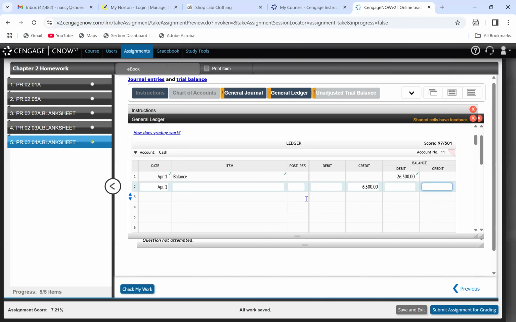I'm going to show my credit for this transaction. And I started with 26,300. Once I put in this $6,500 credit, I'm going to have a new balance. My new balance of 26,300 minus the 6,500 is a new balance of 19,800. Okay, let's just make sure that's doing what I want it to do.